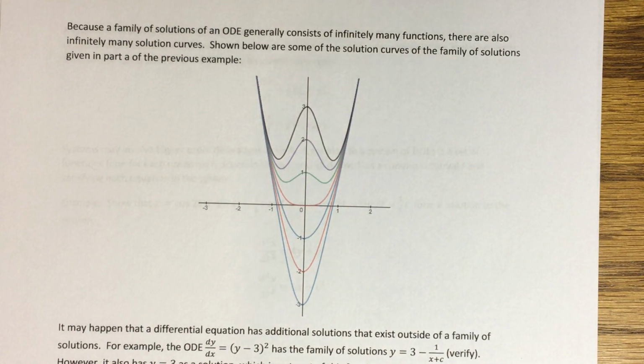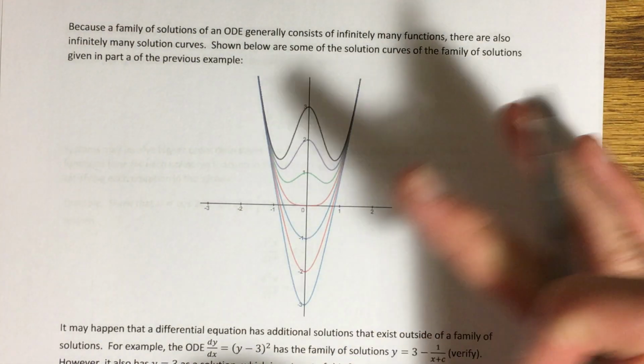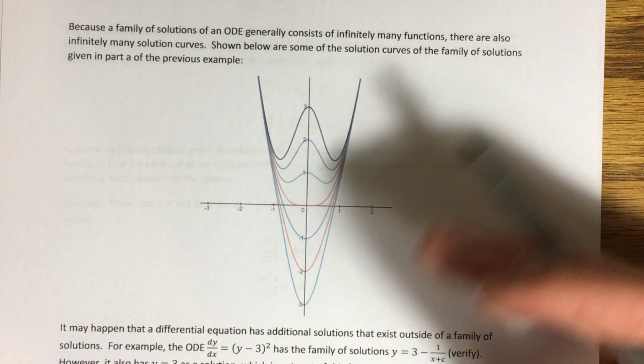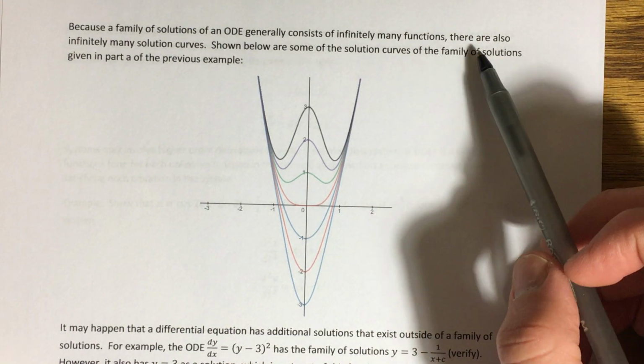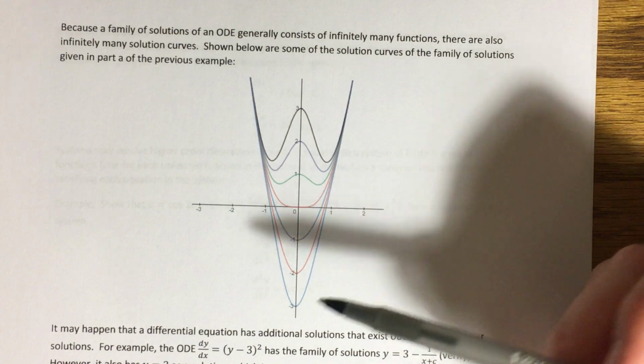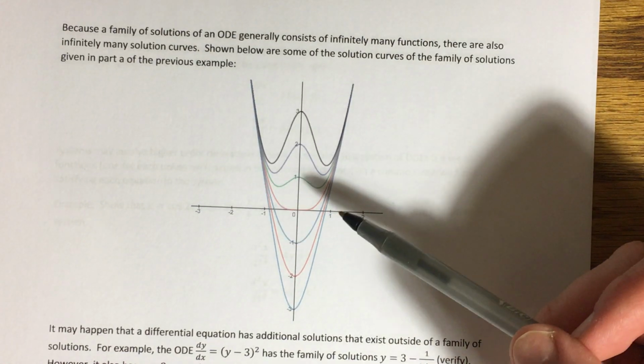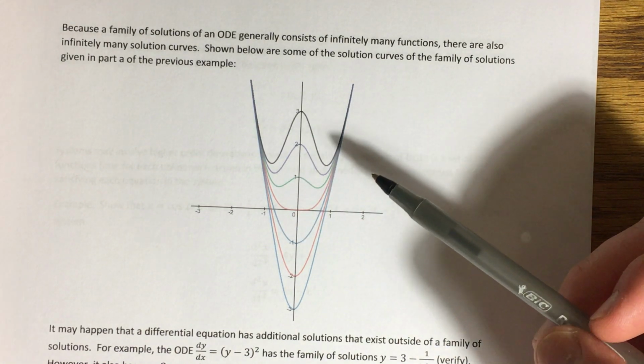So what we're showing here, a family of solutions to an ODE will typically consist of infinitely many solutions, as we see here. Because there's an infinite number of solutions in a family of solutions, that means you also have an infinite number of solution curves.